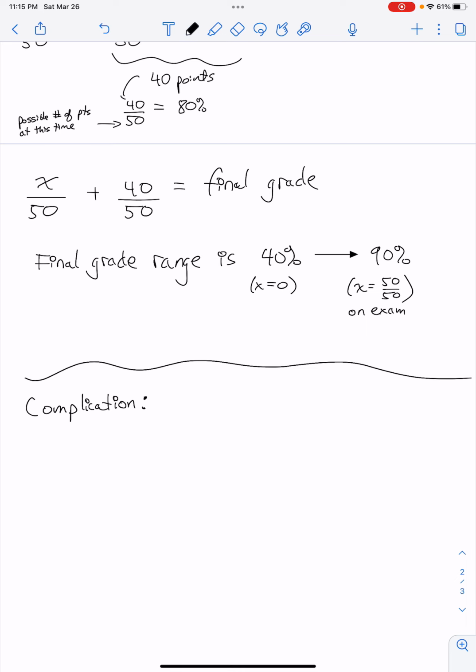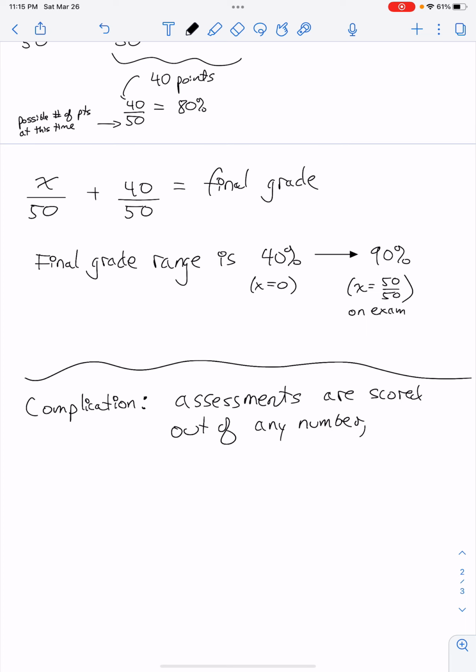So most of the time, assessments, and that's everything, this is problem sets, this is tests, whatever, assessments are scored out of kind of any number, and often that's not equal to the weight. So what do I mean? Well, let's just take a look at an example.